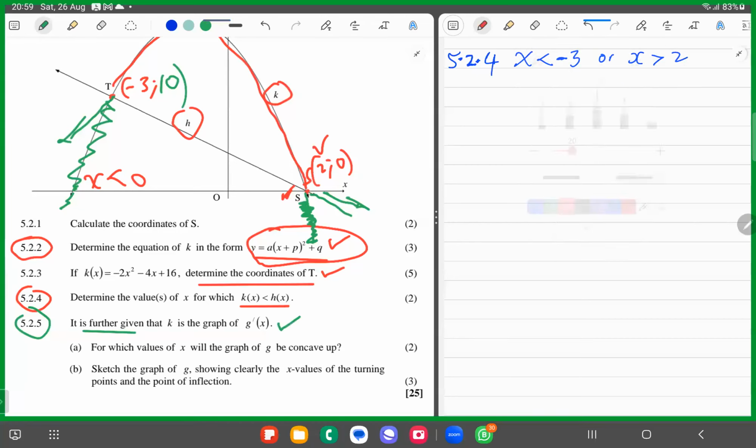In 5.2.5a, if it is further given that k is the graph of G primed of x, which values of x will the graph of G be concave up?